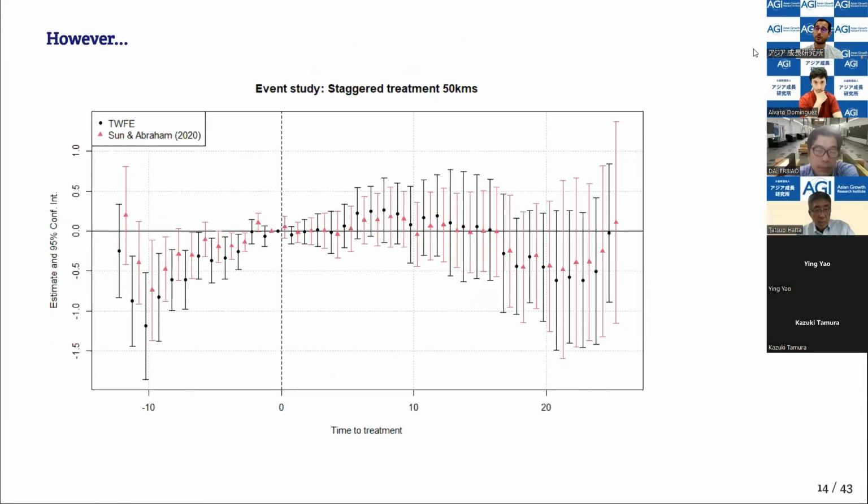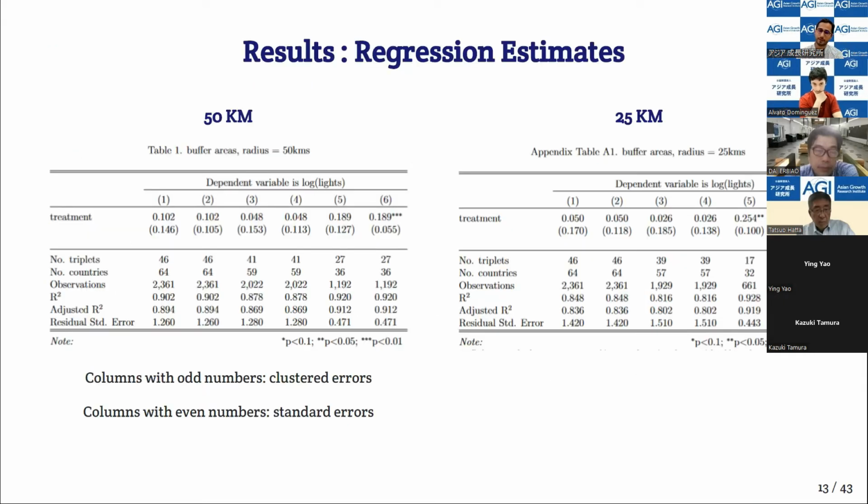But whenever I show those regression estimates, you may think, okay, well, that's the effect that I want to convince you, right? That this treatment, regional trade agreements, impact the economic growth of those regions as proxied by lights.